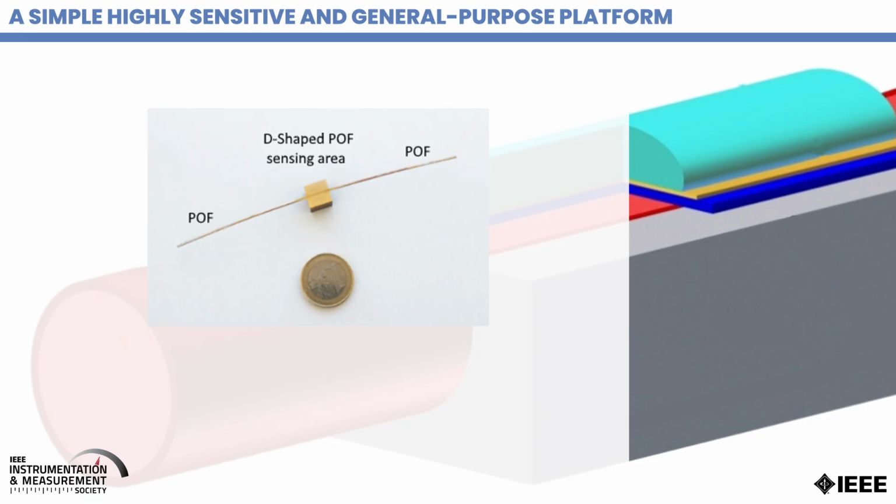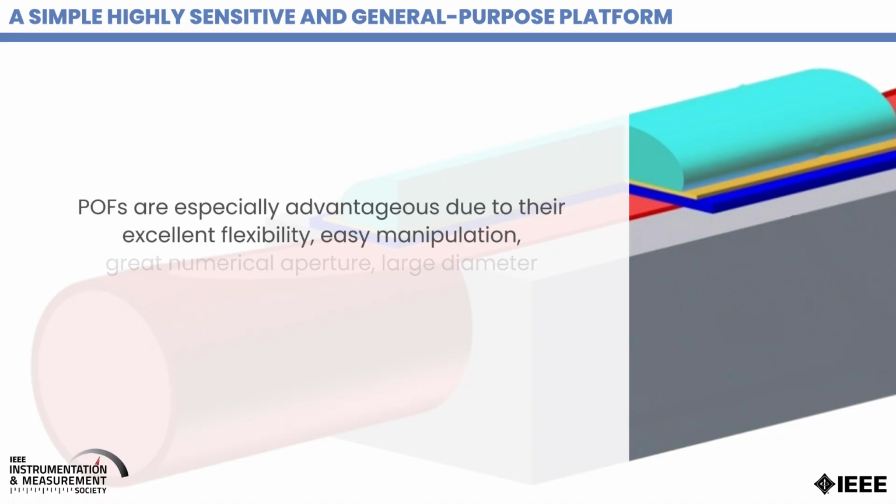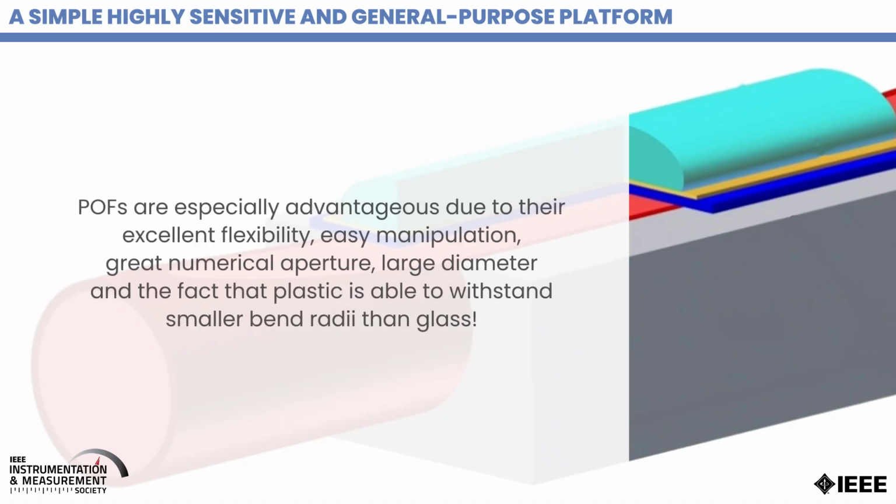This kind of optical probe is a general purpose one, and it presents a tiny dimension and a low cost of about $3. In particular, the used optical fiber, that is a plastic one, is particularly advantageous because of the excellent flexibility, other than the possibility of easy manipulation and a great numerical aperture.